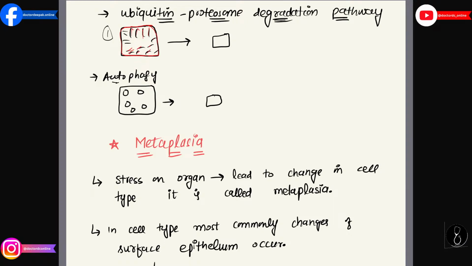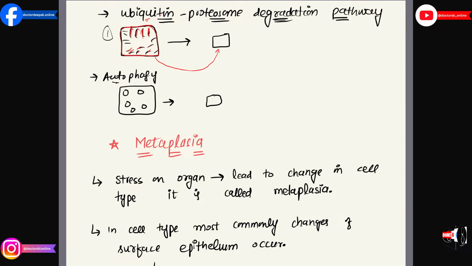Let's suppose this cell is going to decrease its size. How will that cell decrease its size? Whenever the cell is going to decrease its size, there is a protein in the cell called ubiquitin. That protein will come and bind with these cytoskeleton proteins.